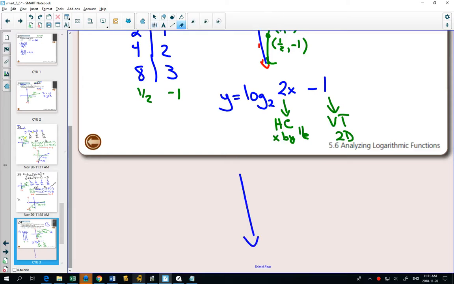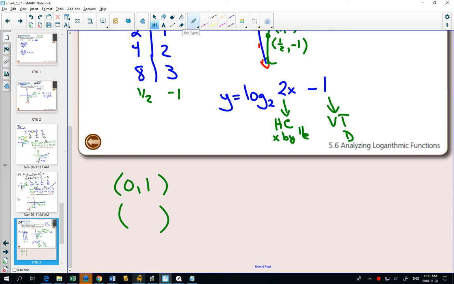Before we graph, we can write our initial points. Why is it 2 down? That's a very good question. It's only one down.